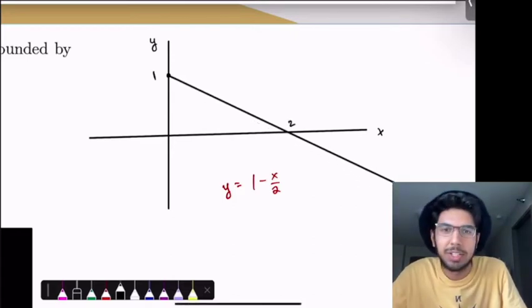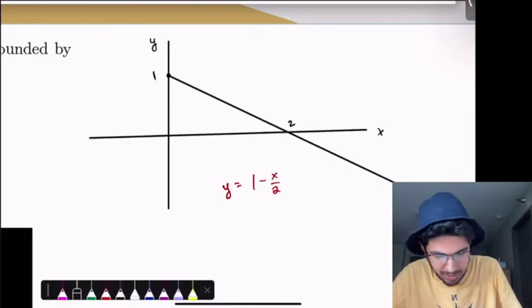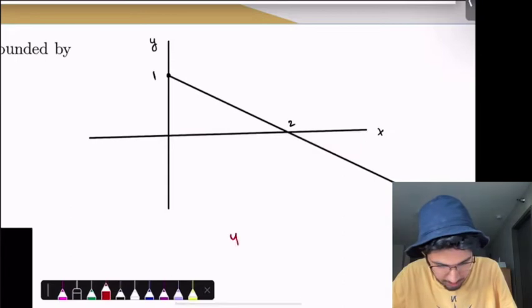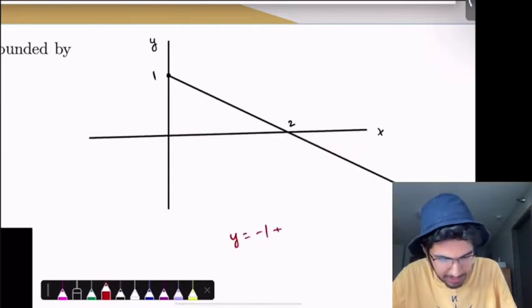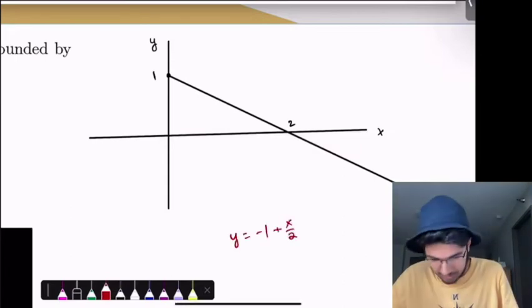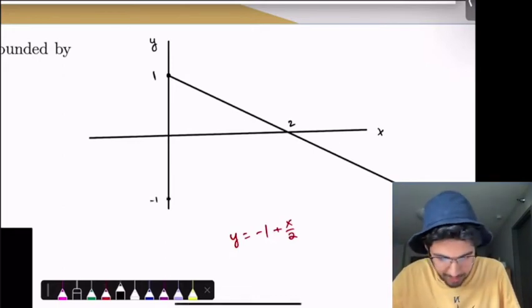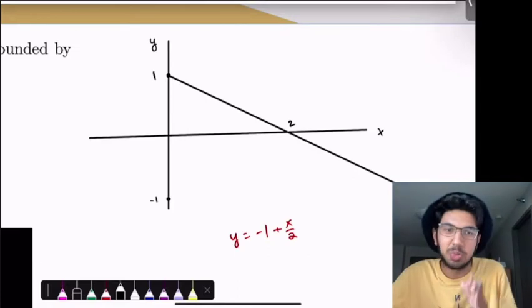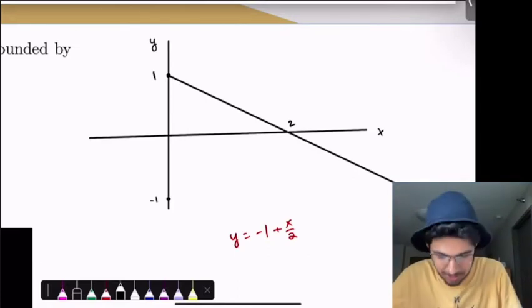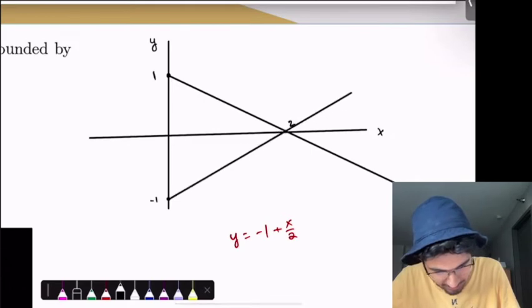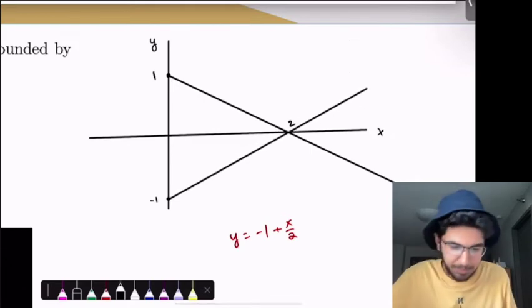Where x equals 2 there. The other equation is y equals negative 1 plus x over 2. So here the x-intercept is negative 1, and the slope is 1/2, so you rise 1 and go over 2, and that'll take us something like this.